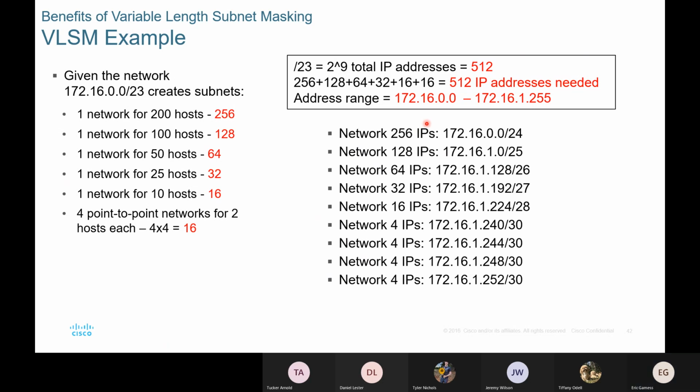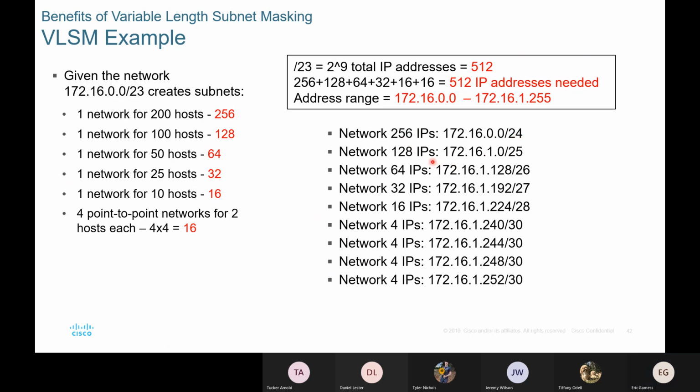Okay? So look, I started with this network, 172.16.0.0/23. I need 256 IP addresses in the first network, so it will be a /24.